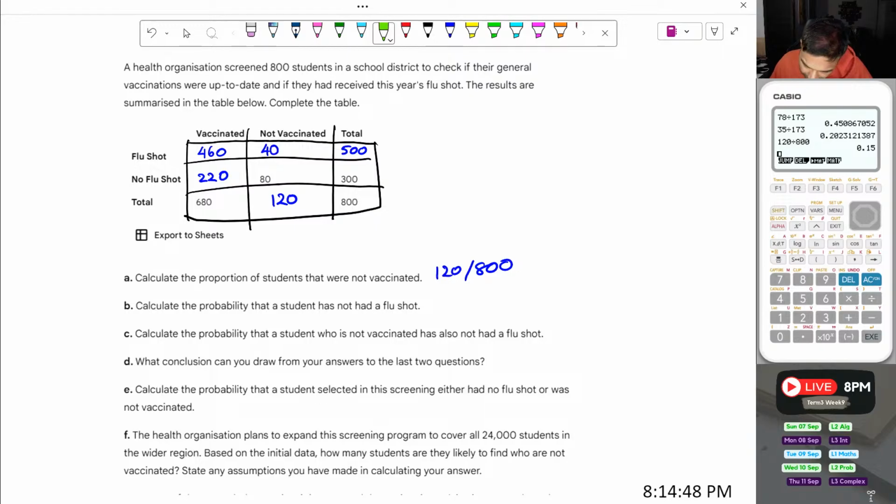Next, we're going to look at the probability that a student has not had a flu shot. No flu shot is actually 300. So that's going to be 300 out of 800. That's going to be part B there.